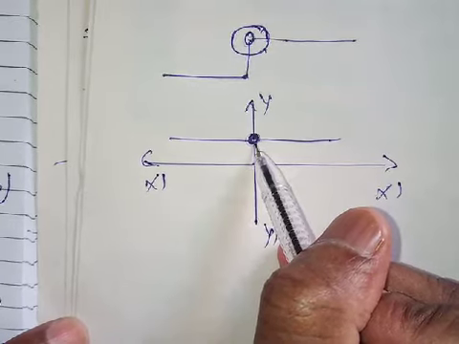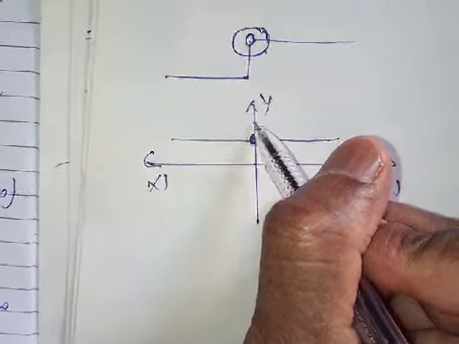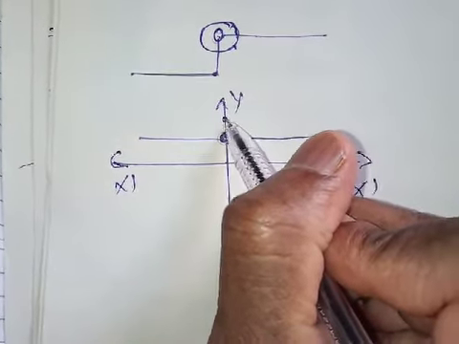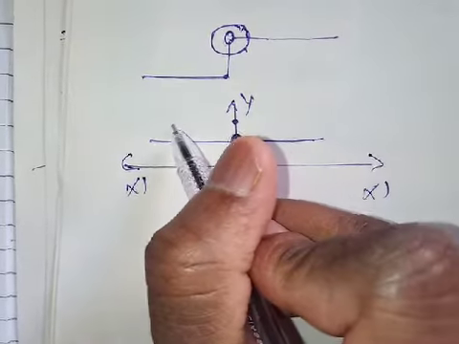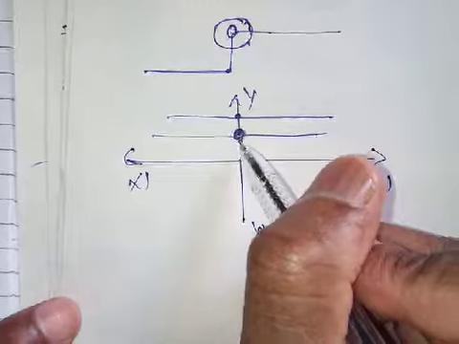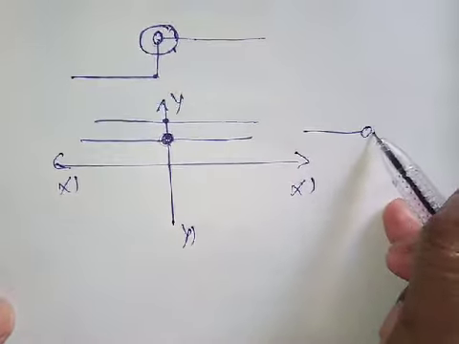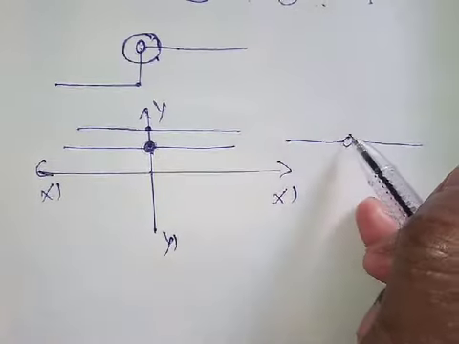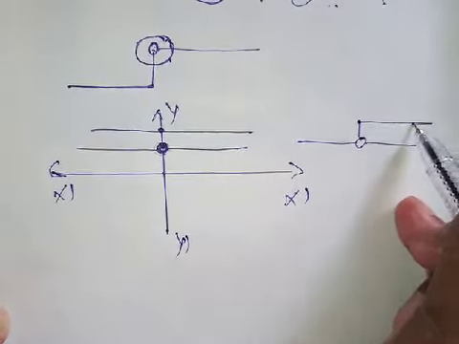And f of x is equal to 2 if x is 0. If you draw this graph, at 0 you have to break it, then again start, and break again here and start here.